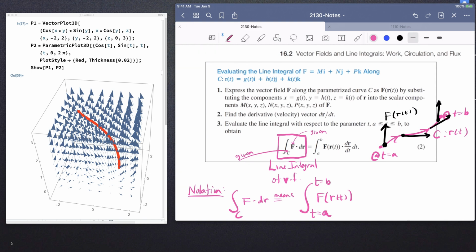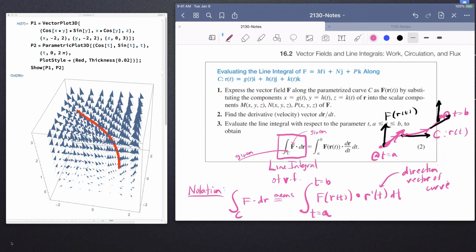And then you bring in the curve itself by doing the dot product with the derivative of the curve, r prime at t, which is the direction vector of the curve. Now this vector field does have something to do with the curve itself.